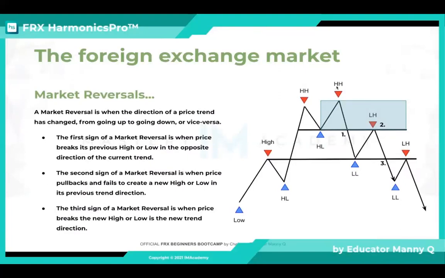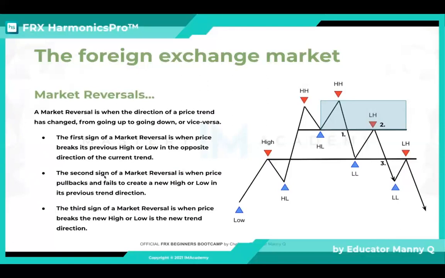So if this market is coming in an uptrend, the previous low would determine if the market may start downtrending. So when the market started coming down and it broke the previous low, it now created a new lower low. By breaking that previous low, that is a very first sign that the market may very well, in fact, reverse.